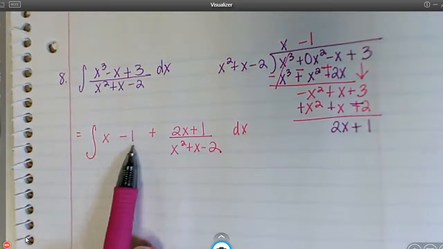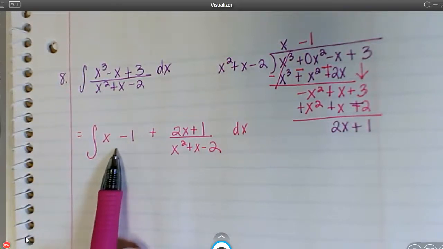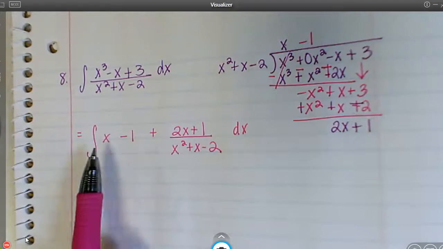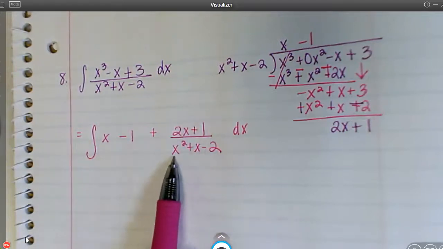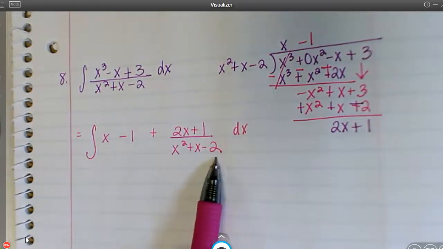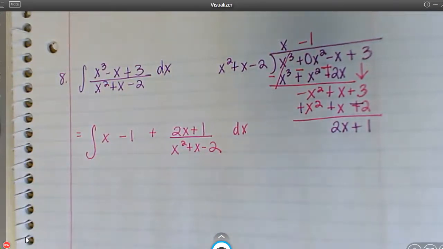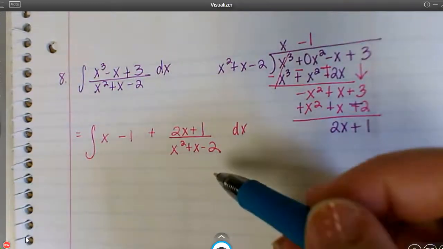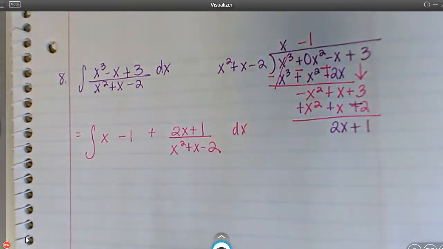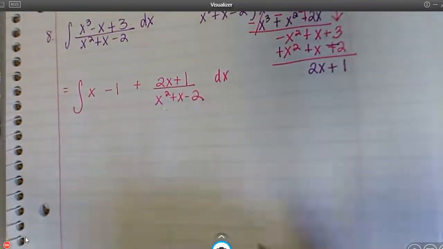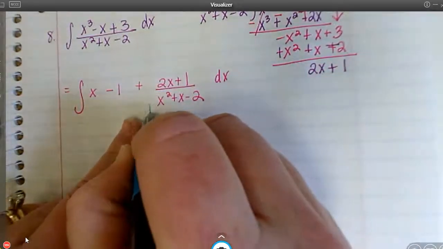The x minus 1, we can find that antiderivative closer to the end of the problem. But the part that's important is this part right here, and this is the part we want to do partial fractions on. Okay? So the next thing we're going to do is to factor that bottom. And we're going to come back to that first part, but for now we're really just focused on this part right here.